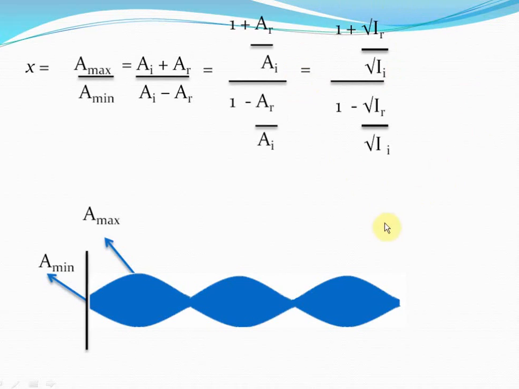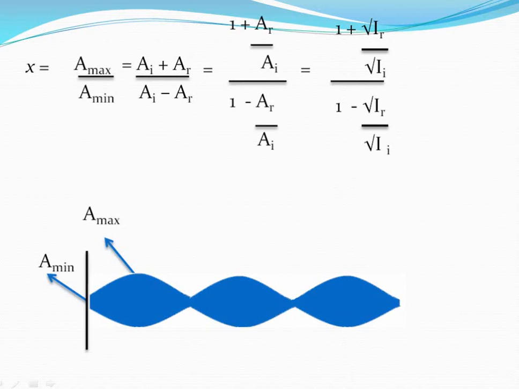We are given this ratio here to be x, and we have to find out the percentage of energy reflected back. Clearly, intensity and energy here are related and proportional to each other because the area of cross section of the medium through which the wave is passing is the same.